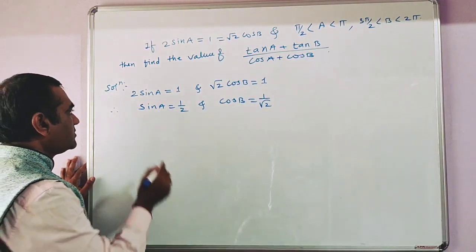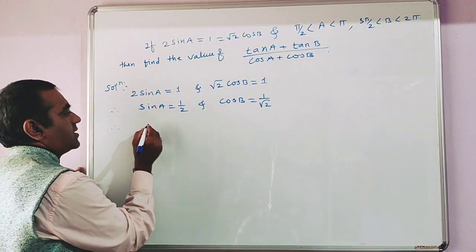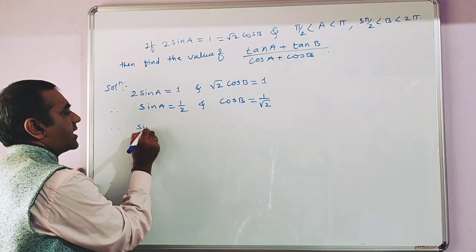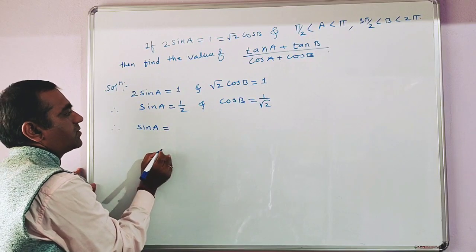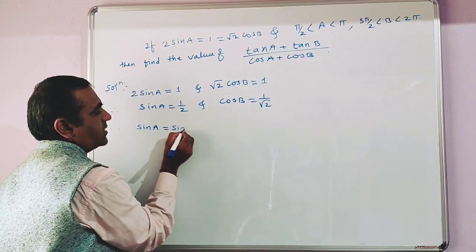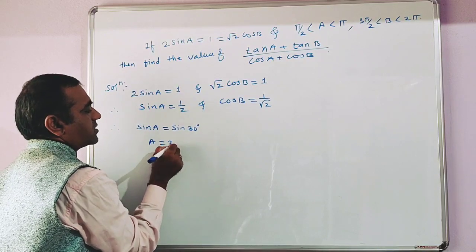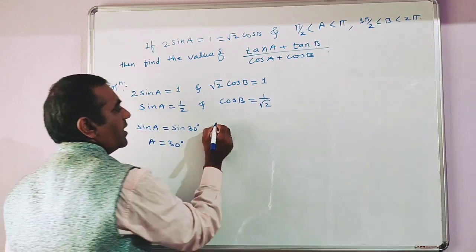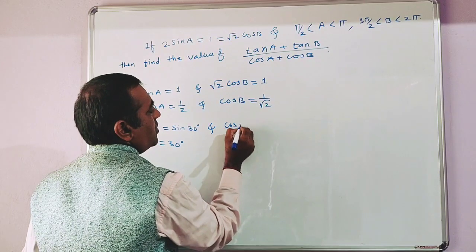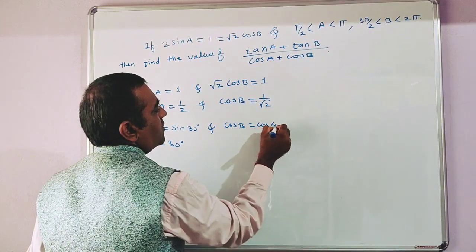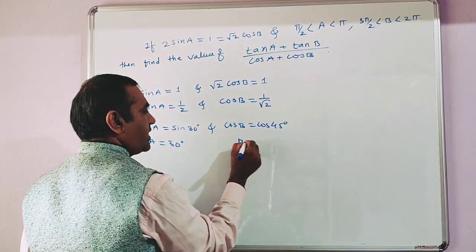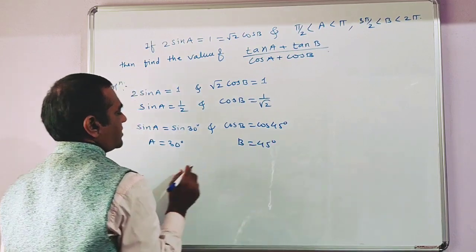Clear? Therefore, sin A is equal to sin of 30 degree, so A will be 30 degree. And cos B is equal to cos of 45 degree, therefore B is equal to 45 degree.